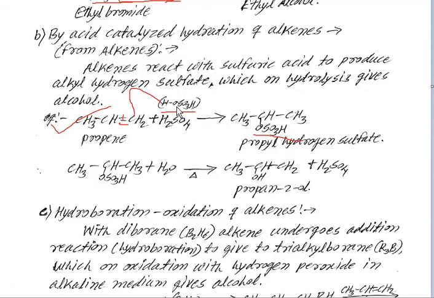The hydrogen is positively charged and the remaining part, OSO3H, is negatively charged. That negative part is attached to the other carbon atom, and then we get propyl hydrogen sulfate.